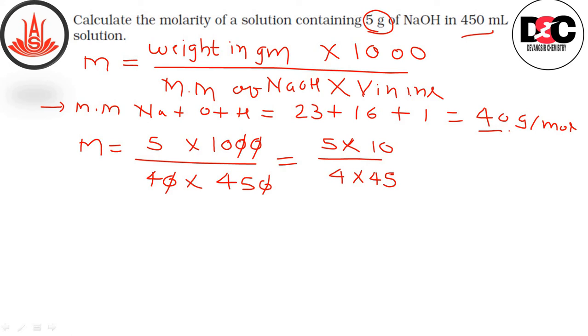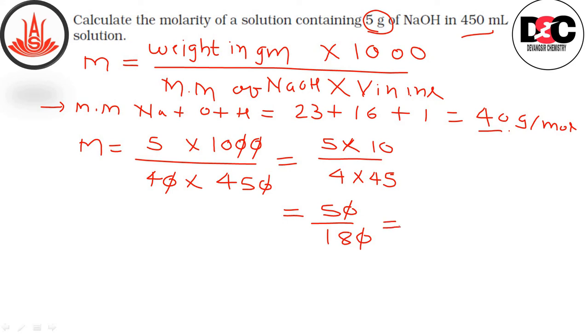5 into 10 you will be getting 50, 45 into 4 is 180, so 50 upon 180 you will be getting... you can deduct the zeros, 5 upon 18 you can do it, so very easy.